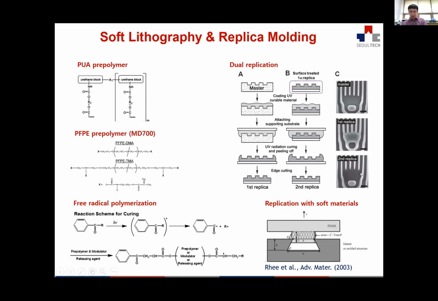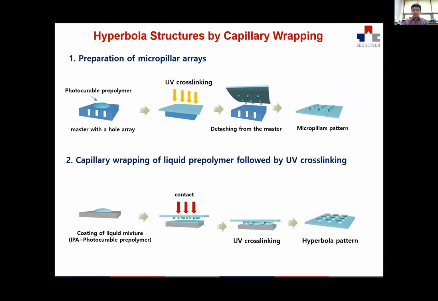Our group published about 10 years ago on the replication of three-dimensional structures with PDMS to make reversibly inverted structures. After preparing the master with the hole array, we pour the liquid prepolymer, which is cross-linked by UV light, and then we detach the micropillar array from the master.